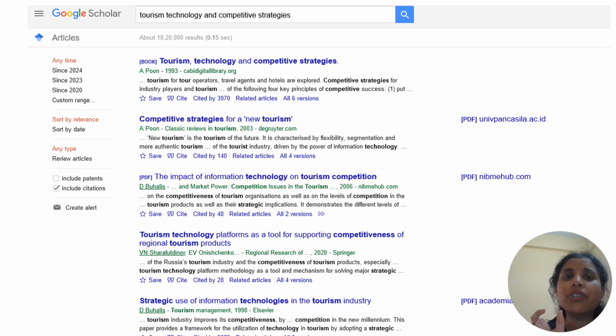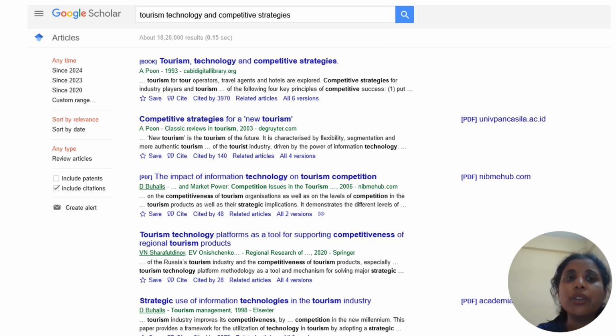Where it is mentioned as PDF or book on the left side, you can easily identify what type of secondary data it is. And at the very extreme left you see the year of publication, so it is written 2024, 2023, 2020. You can click on that too. These are called advanced filters.